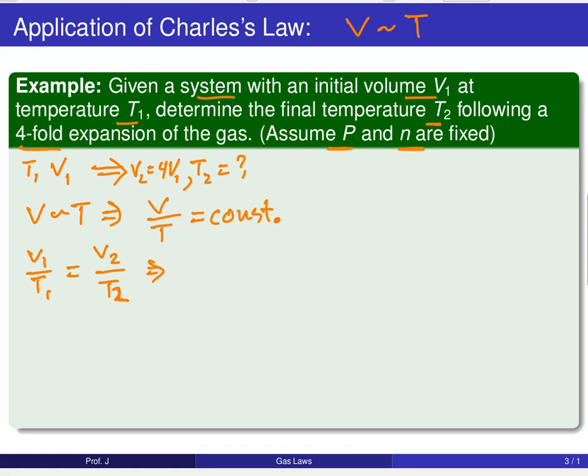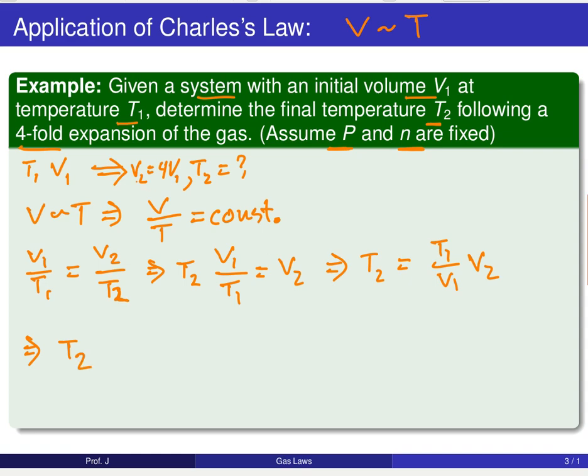So the first thing I'm going to do is move T2 up to the numerator by multiplying both sides by T2. And then I'm going to isolate that variable T2 by multiplying both sides by the ratio T1 over V1. And then what I'm going to do is plug in the values that we know.